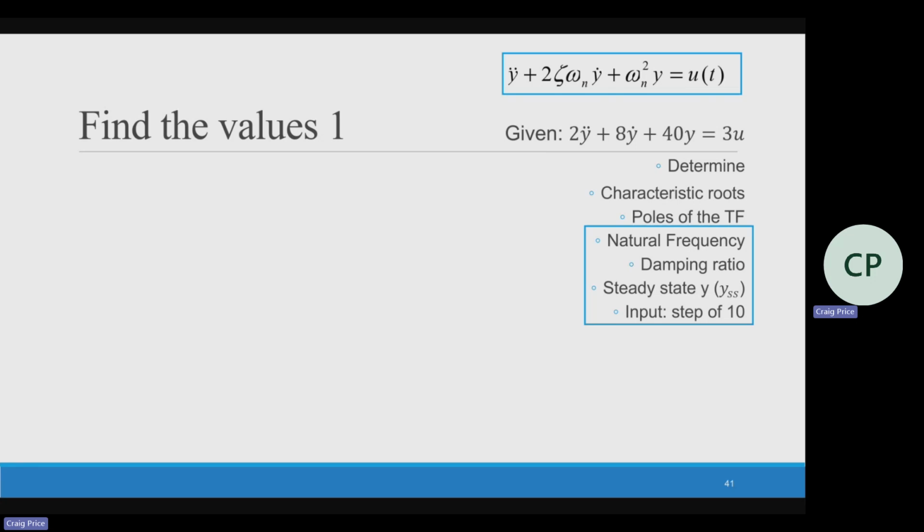This is the same one we were working with last time in class. It is second order. We already found the roots to this, and they're both complex. We want to find the natural frequency, damping ratio, and the steady state output if the input is a step of 10.